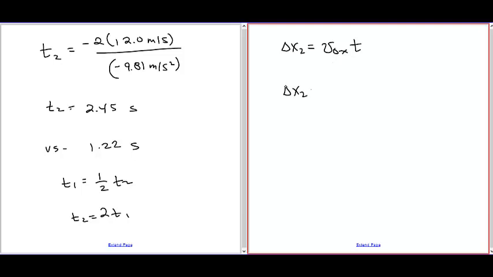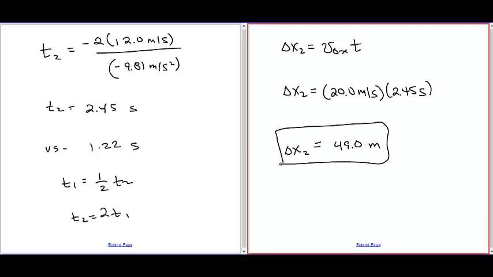So we say delta x2 is v0x, which is positive 20 meters per second, times the time, which is 2.45 seconds. 20 times 2.45 is 49.0 meters, which is about 50 yards. That's a pretty good pass. So that is part D.